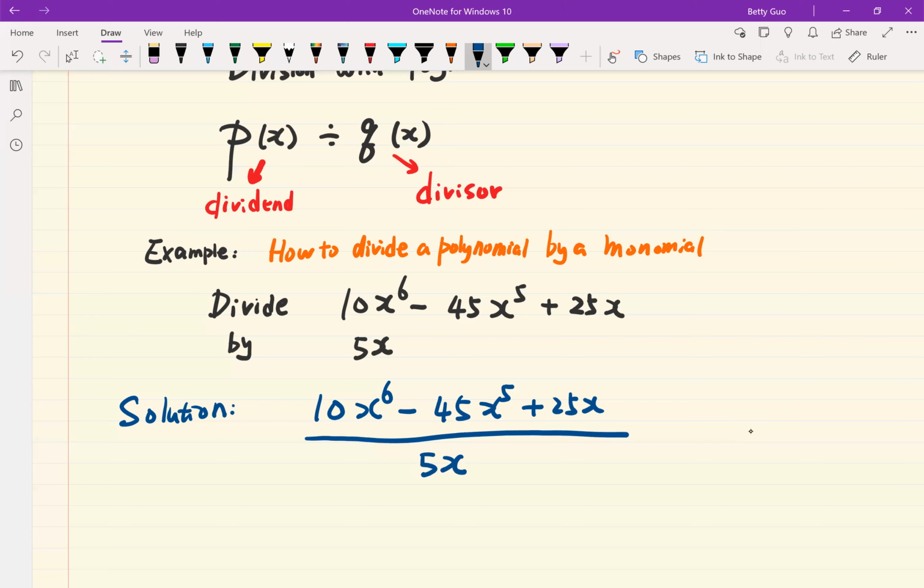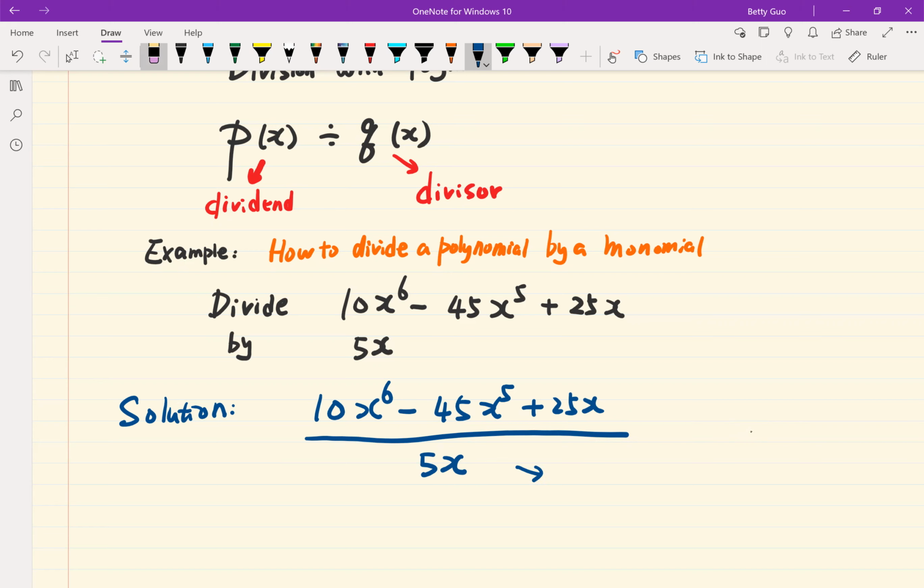5x is a monomial. Okay. Anyone can tell me which polynomial is the dividend, which polynomial is the divisor? Yeah, the divisor is 5x.